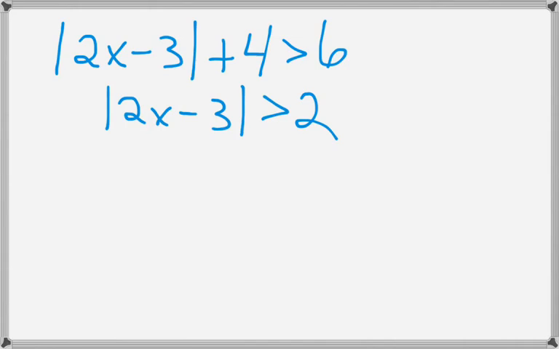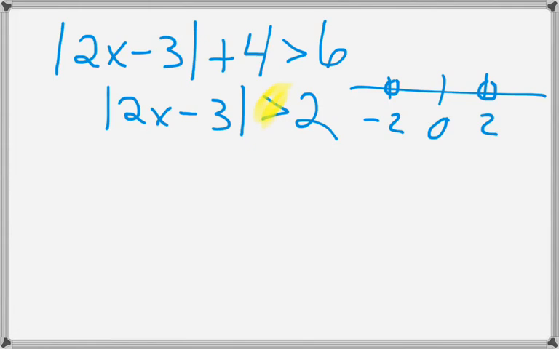Once the absolute value is by itself, then we say, all right, what am I dealing with? I'm dealing with a greater than here. So my distance from 0 on the number line should be greater than 2. So again, once you have a mix of greater than and less than problems, it's important to distinguish which is which.